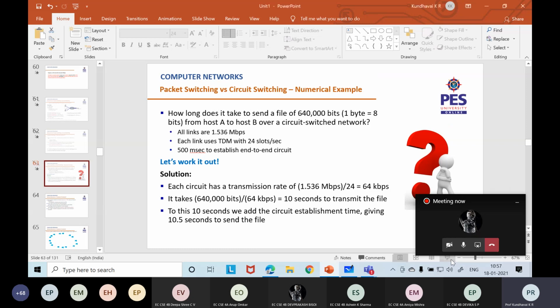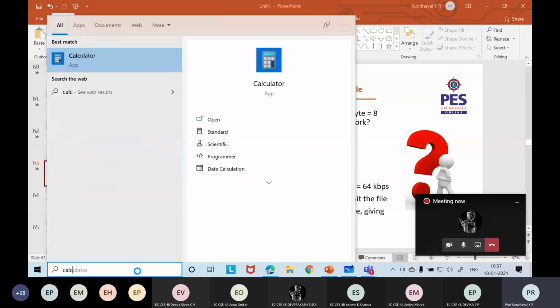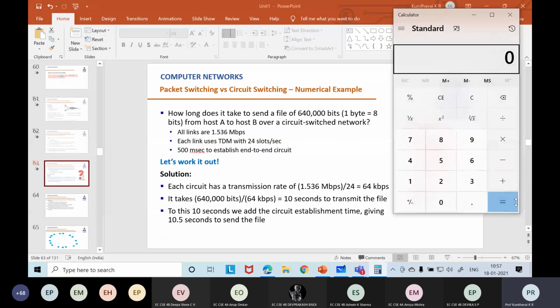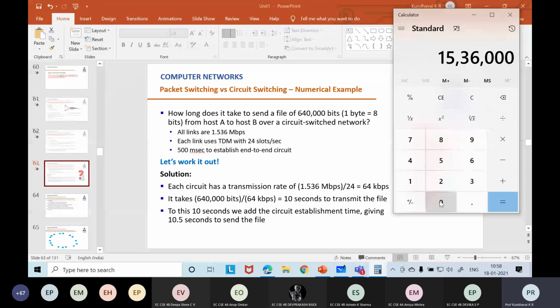I'll just take a calculator. 1.536 into 10 to the power 6, so I will simply put it as 1536 into 10 to the power 6. Hope you can see the calculator, right?